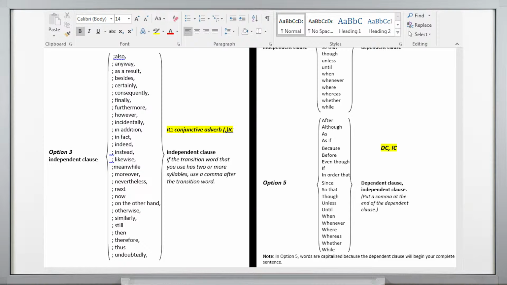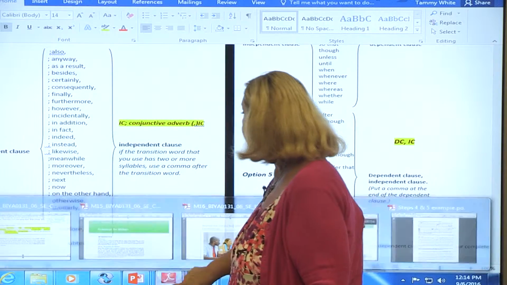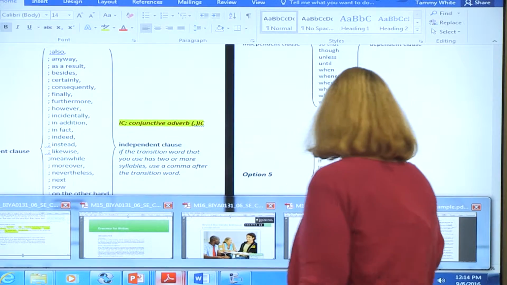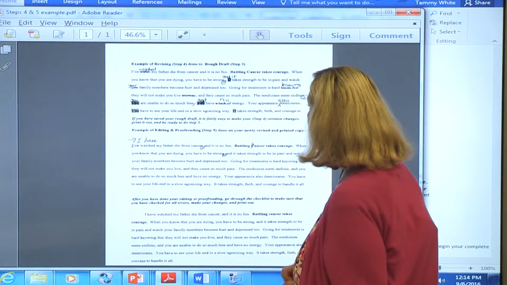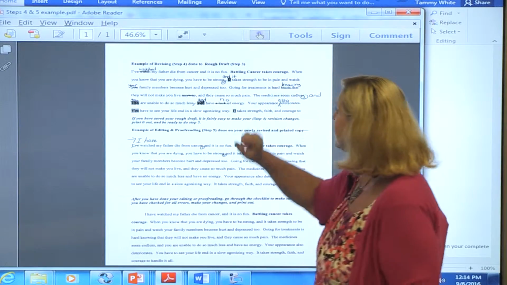Also, if we want to make a sentence that has a dependent clause and an independent clause, we can start with a word like after or all those. So you have a lot of different choices to use here when you're trying to reword the beginning of that sentence.